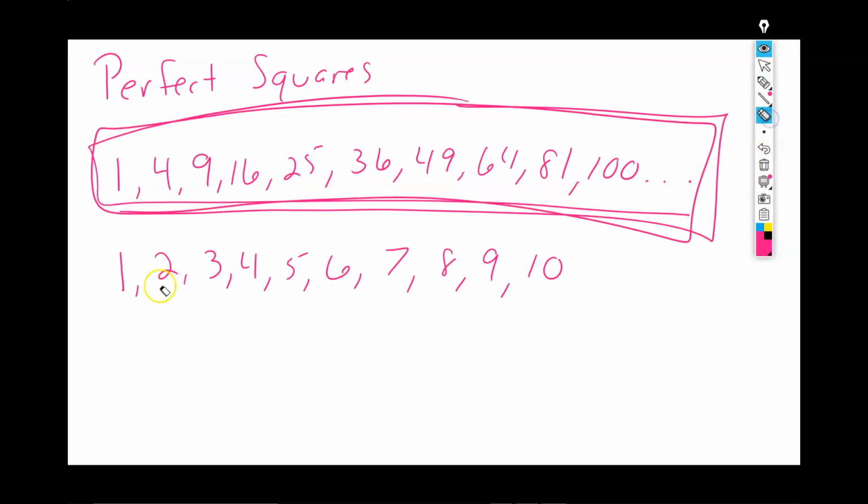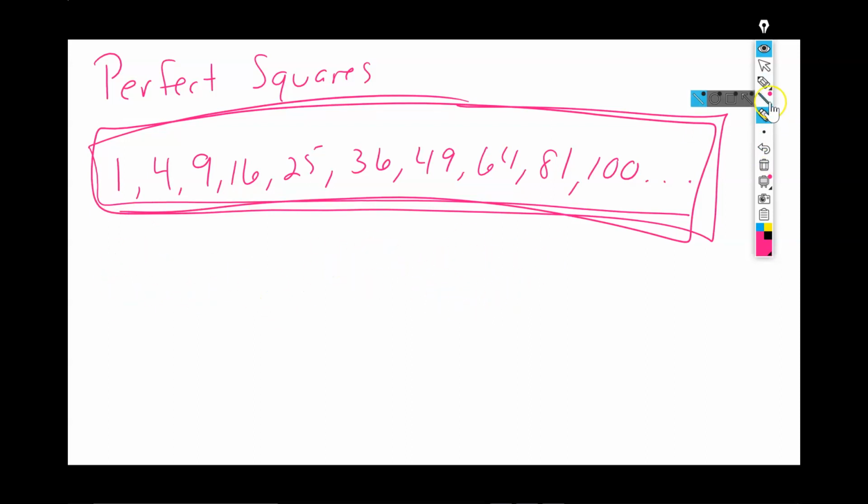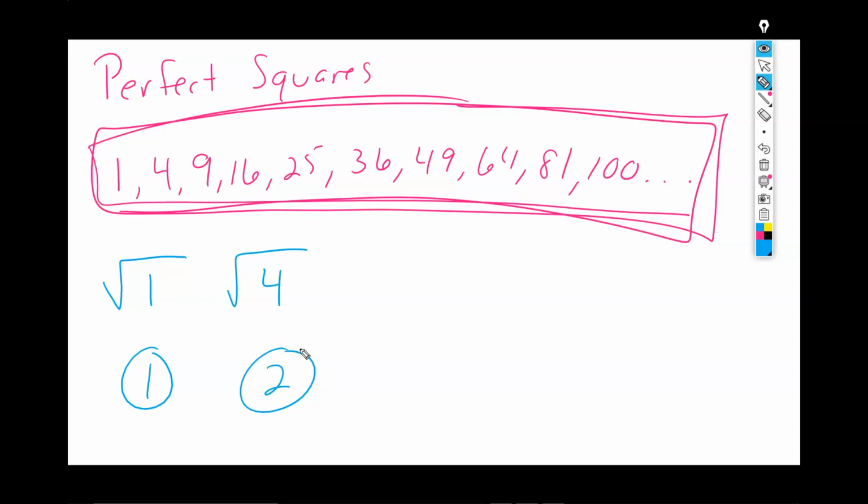Now, what we can also do is take the square root. If I take the square root of 1, it gives me 1. If I take the square root of 4, it gives me 2. It gives me a whole number.